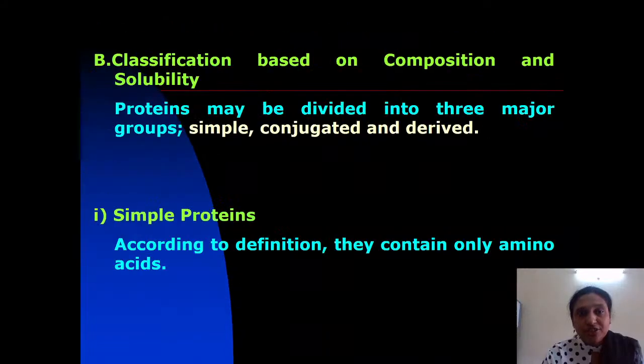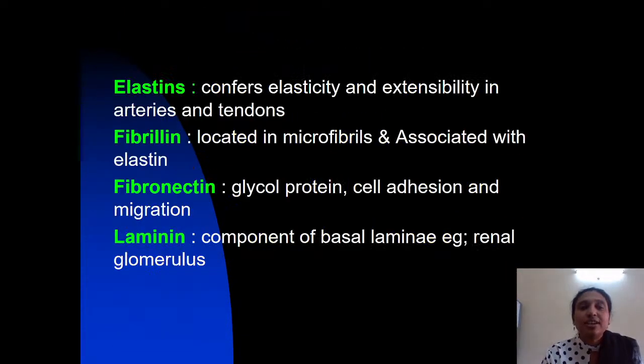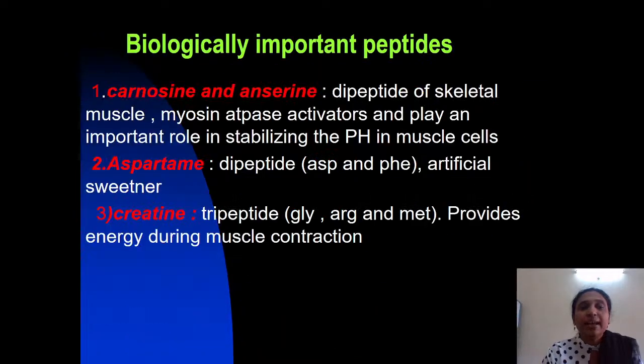See here, if you see the structure of all 20 standard amino acids, what is the common structural feature to be seen here? To the alpha carbon, one side there is an amino group, on the other side there is a carboxyl group, and the third valency of the alpha carbon has been attached to hydrogen, and the difference among all these amino acids occurs at their R, which represents the side chain.